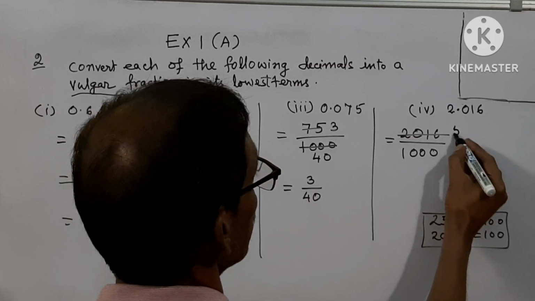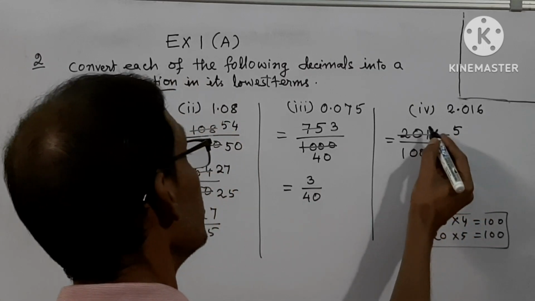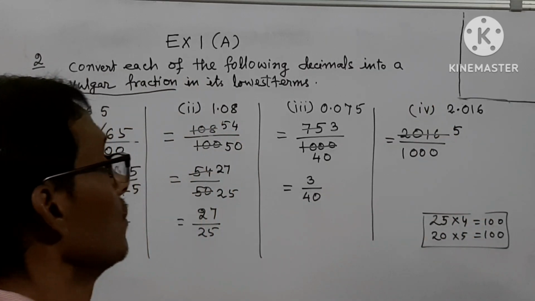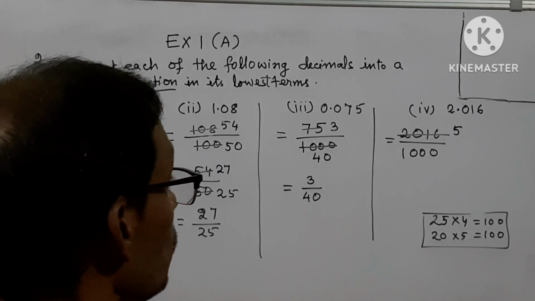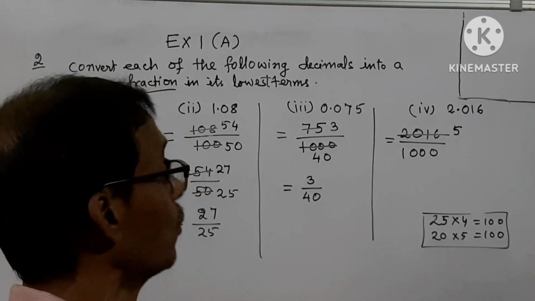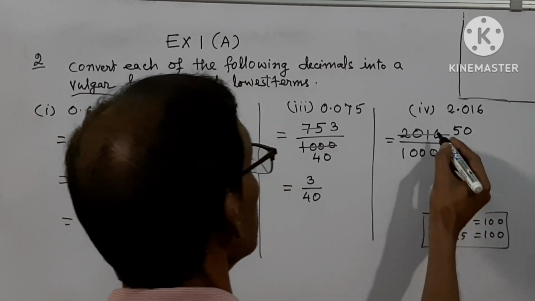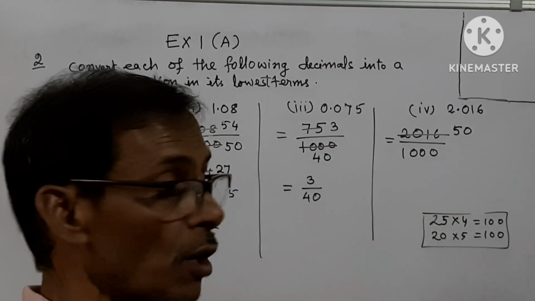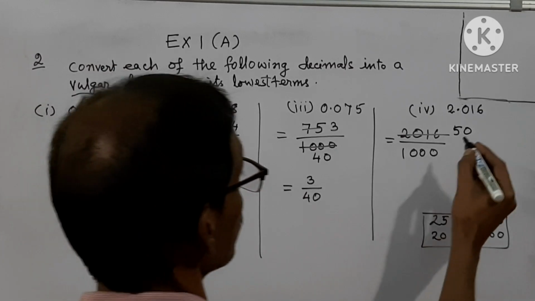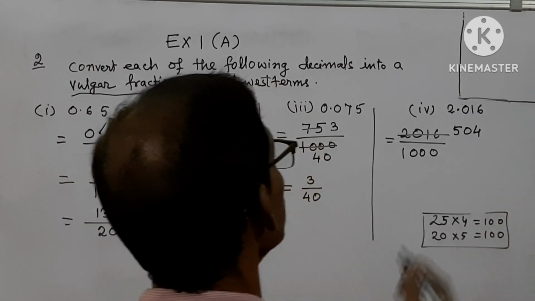4 5s are 20, and then 1 comes, so 1 will not be divisible by 4. Then put a 0, and again you will drop down 6, then 4 4s are 16.